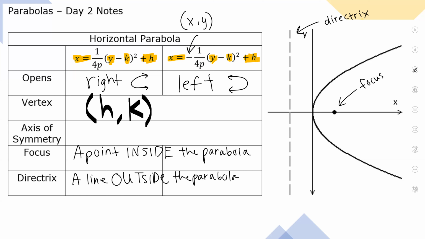When we do the vertex, we just call it h and k. Just like the alphabet, h comes before k, and x comes before y. So this is the format. Now this time, the axis of symmetry will be y equals k. So just write down the notes. We're going to do an example so that it all makes sense.